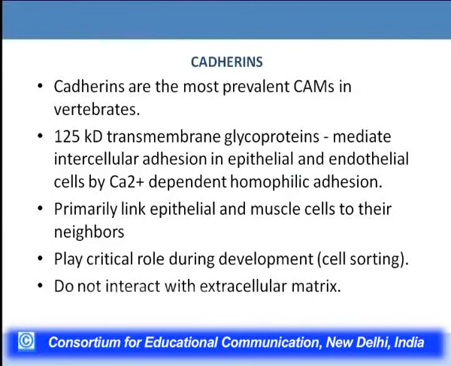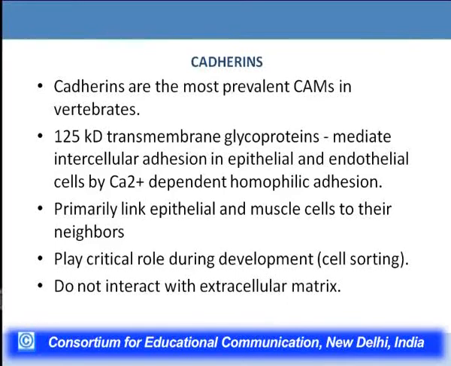Now coming to the most important and the major family of proteins which are involved in cell-to-cell junction formation: cadherins. Cadherins are the most prevalent, as I've already told, and a number of individuals have been identified which take part in cell-to-cell interaction.